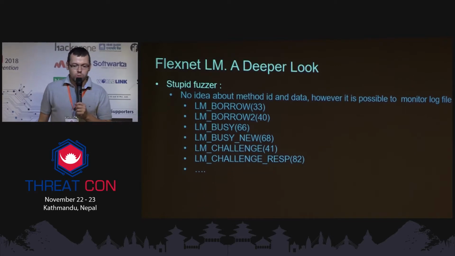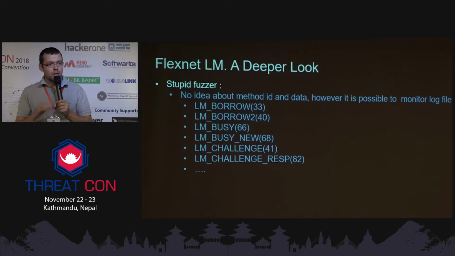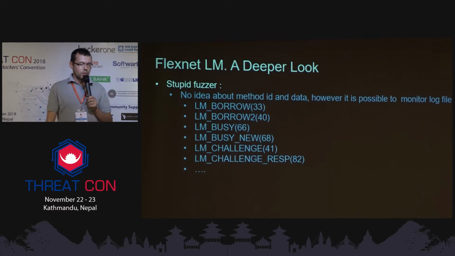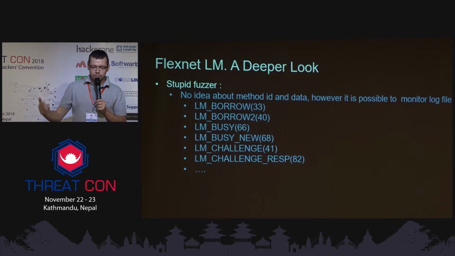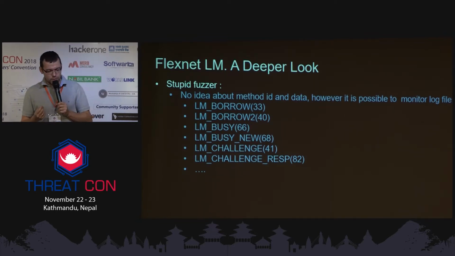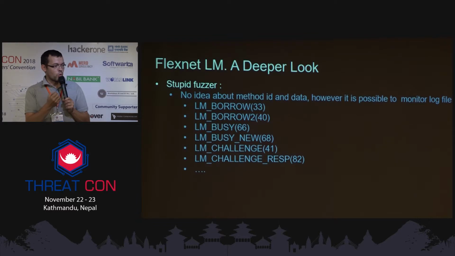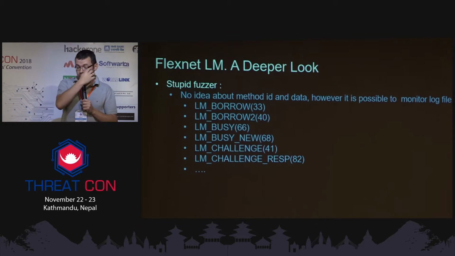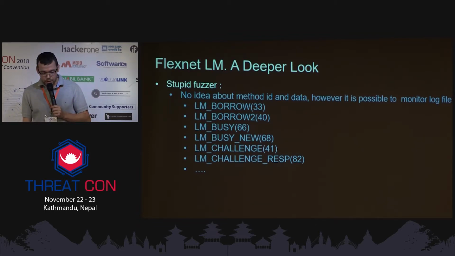So we decided to do a stupid fuzzer. We send some random trash data to port 2700 and see the reaction of the application, and fix both checksums. We know the algorithm, so we modify the data, fix the sum, and send it to the application.